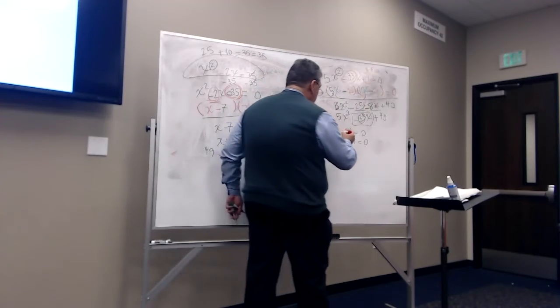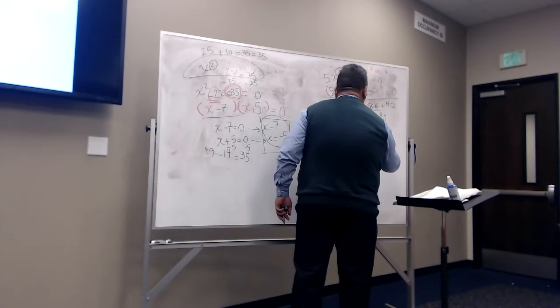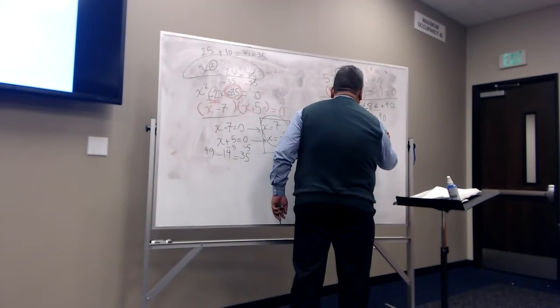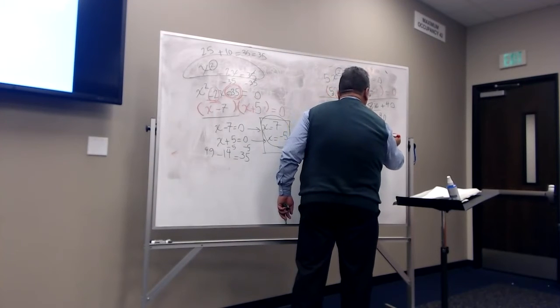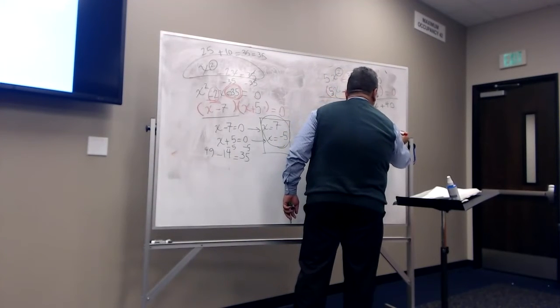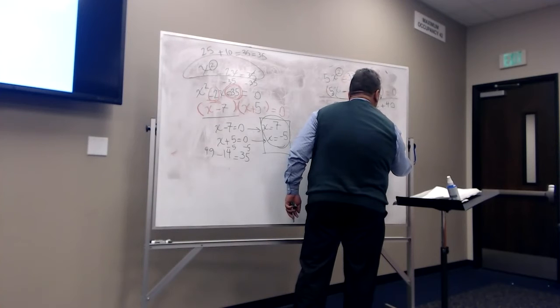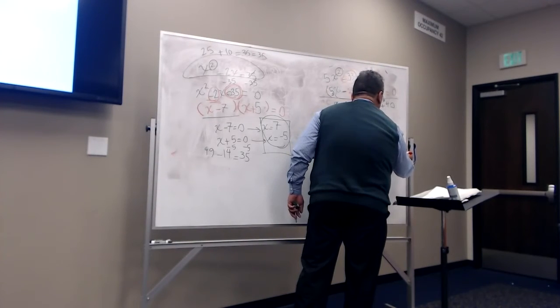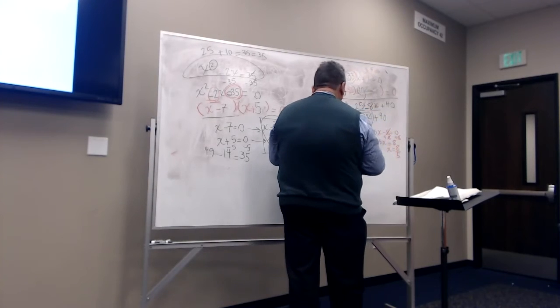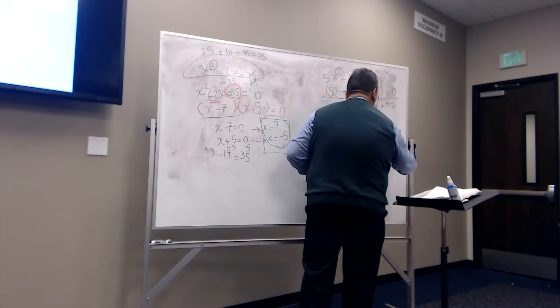So from here I get 5x minus 8 equal to 0, I add plus 8 to both sides. These we can cancel. 5x is equal to 8. x should be 8 over 5. That's one of the solutions.